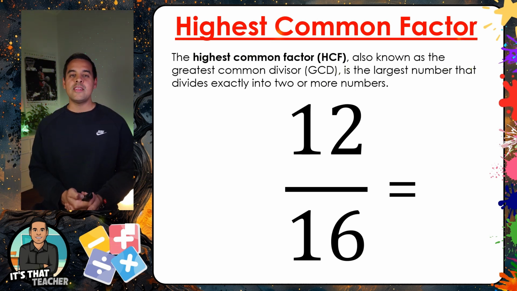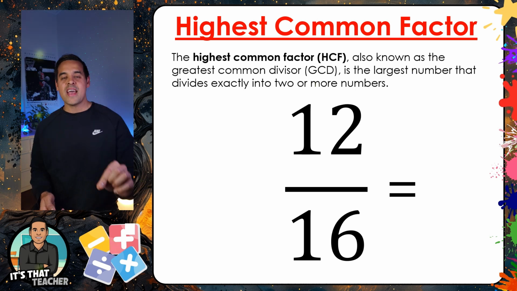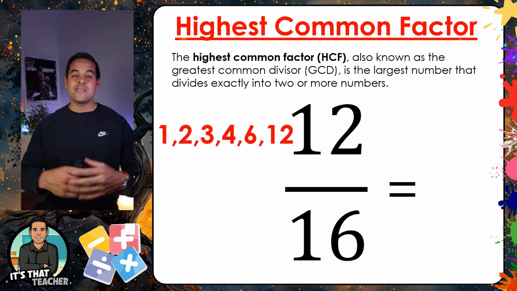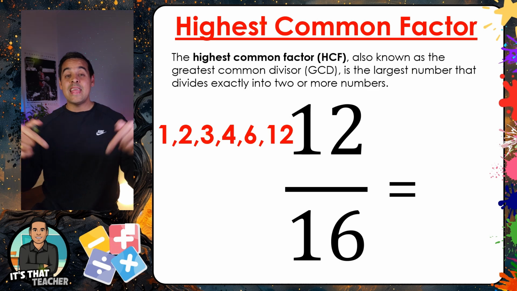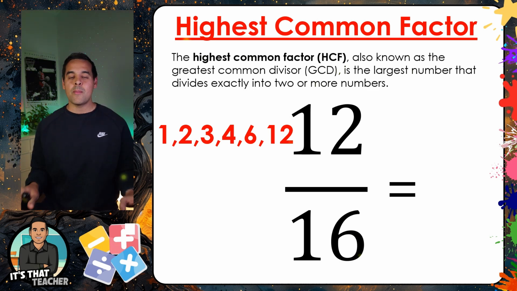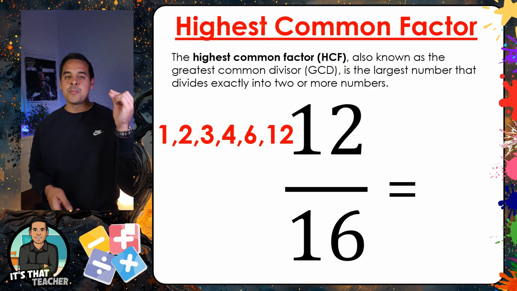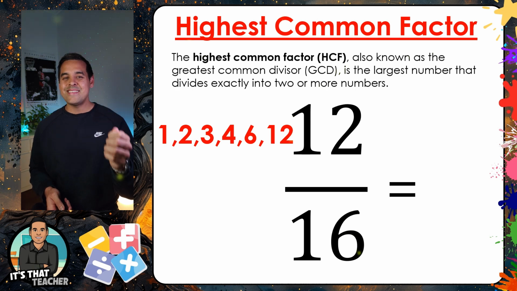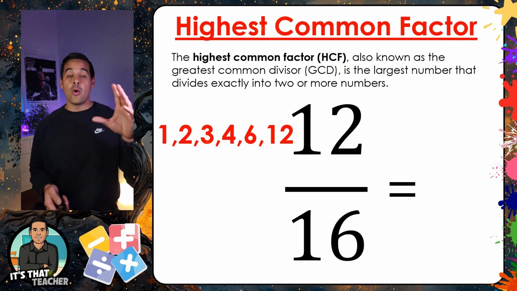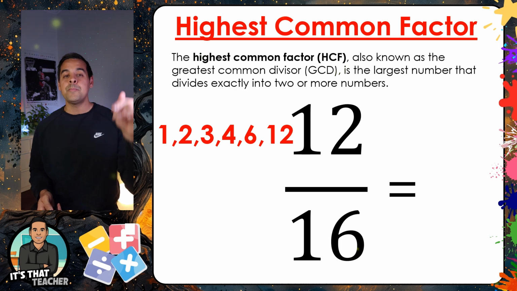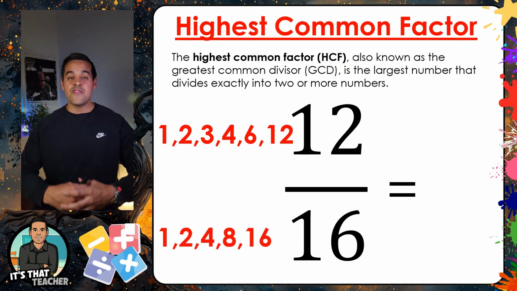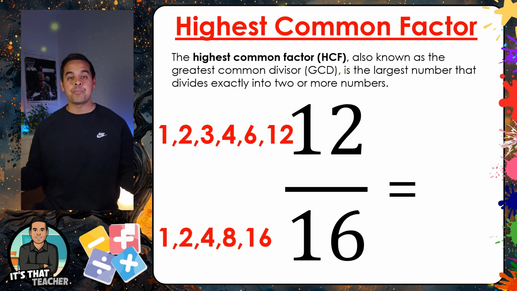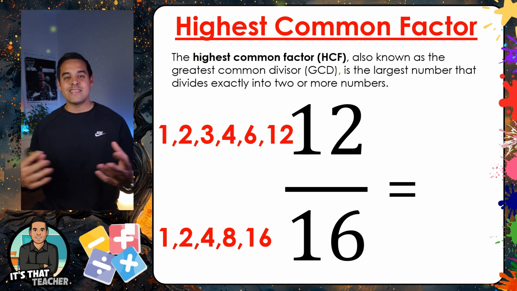So the first thing we need to do is identify the factors of 12. What numbers can be divided evenly into 12 without any remainders? Those numbers are 1, 2, 3, 4, 6, and 12. We are going to do the same thing with the 16. The factors of 16 are 1, 2, 4, 8, and of course 16.